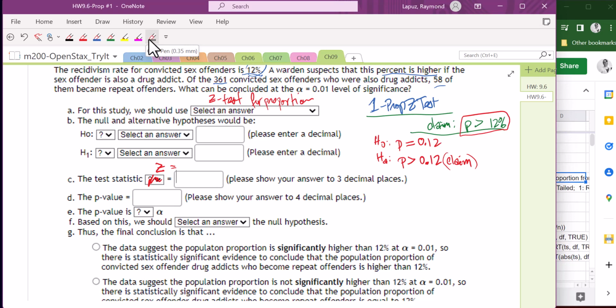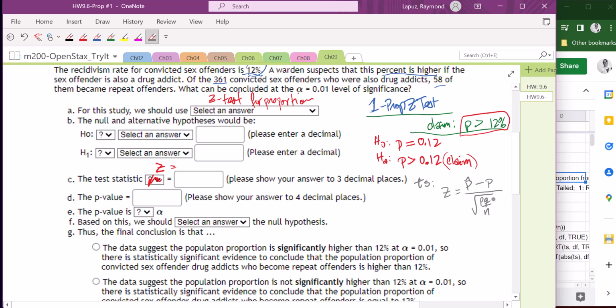In this particular formula, our z test statistic, let's call it TS, is going to be p hat minus p, divided by the square root of pq divided by n.